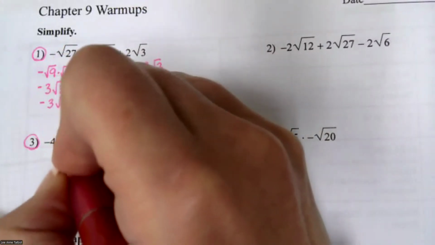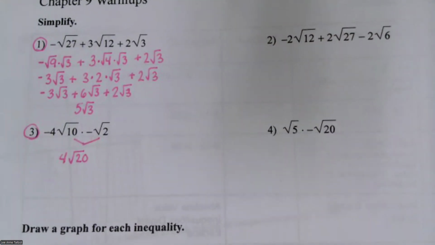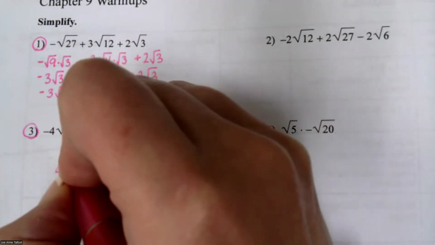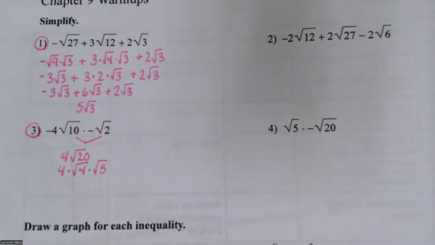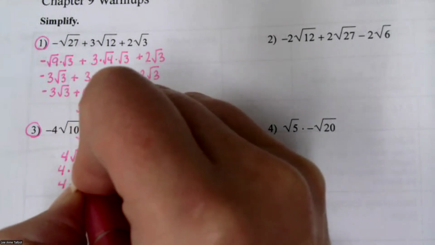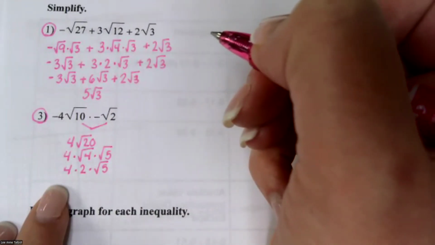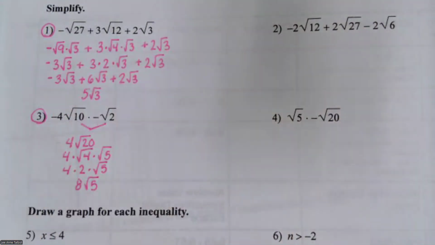So 4 square root 20 is the first step. 20 is divisible by 4, so 4 times the square root of 4 times the square root of 5. Four times 2 times square root 5. 8 square root 5.